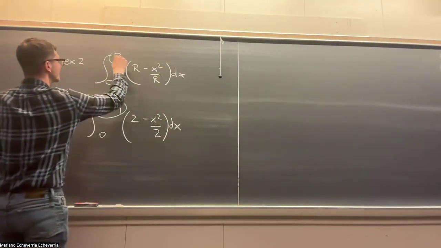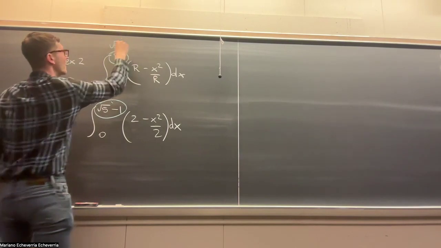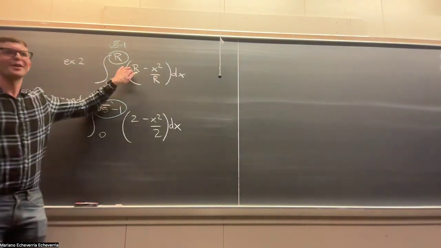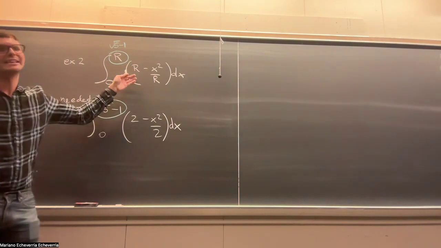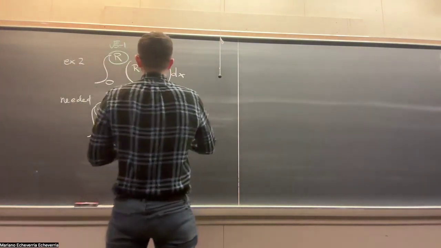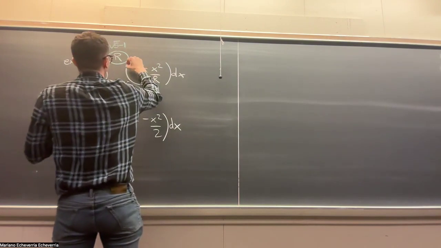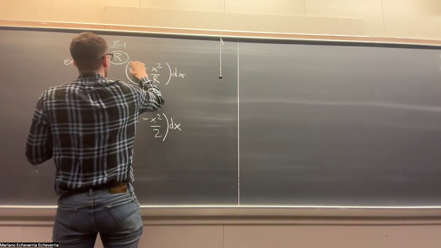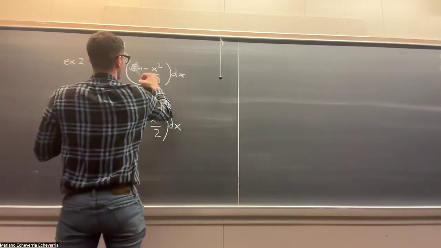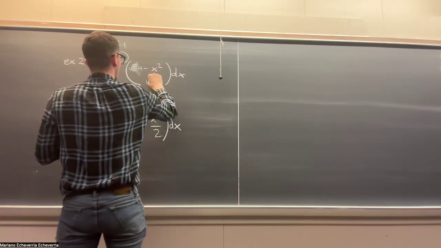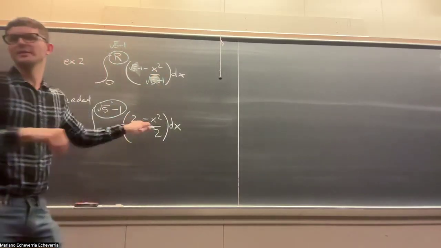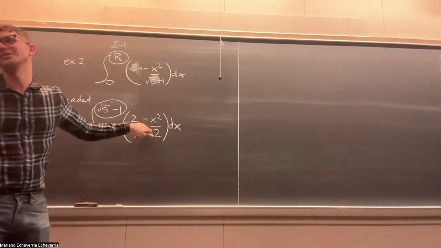That's where I was taking this to be root of 5 minus 1, right? But if you put root of 5 minus 1 here, that messes up the integrand. The issue is that I was calling this R, so if you put root of 5 minus 1, you would have to put it here and here. And that no longer matches here because that should be 2 and 2.